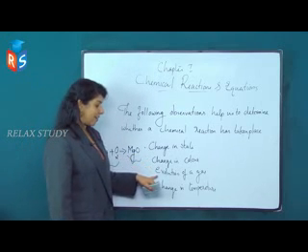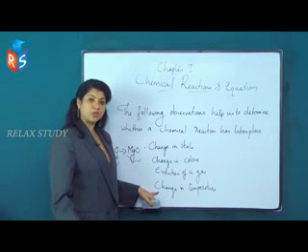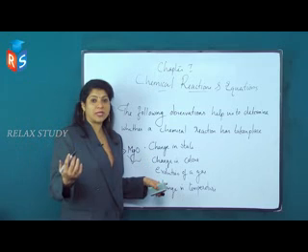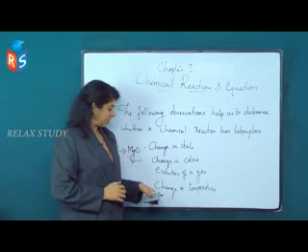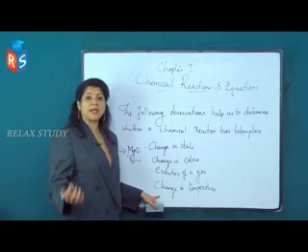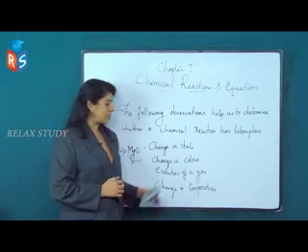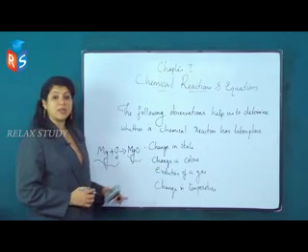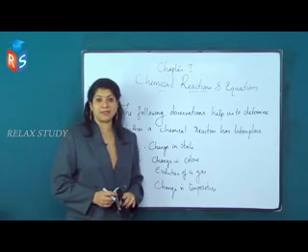Color may change. Evolution of a gas. During a reaction of acid and metal, a gas is evolved. That gas is hydrogen gas. Change in temperature: some reactions are exothermic and some are endothermic. These all are changes that can be seen when a chemical reaction has taken place.